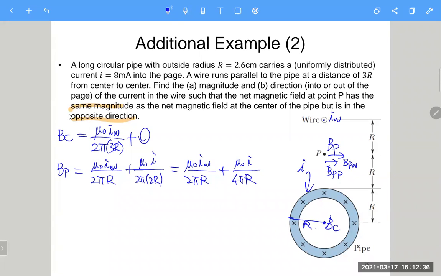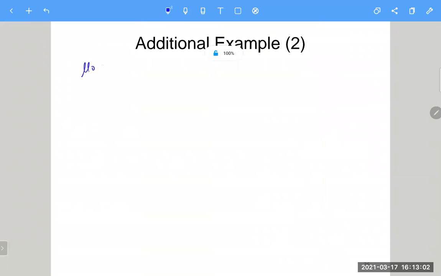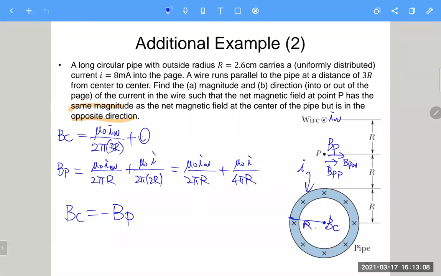Of course, with this condition, they have the same magnitude but opposite direction, which means BC equals minus BP. So here we have mu0 IW over 6 pi r, because it is 2 times 3 here, and this equals minus BP.